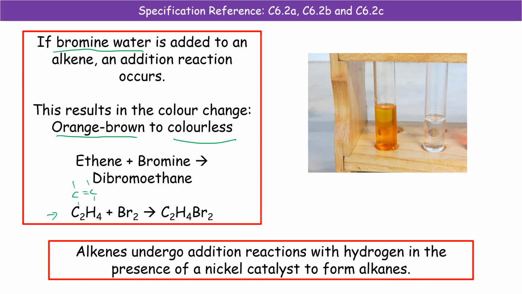Then we've got our bromine, and what we're going to form is our 2 carbons. We're still going to have our 4 hydrogens, but we're also going to have 2 bromines attached as well. And that is what we mean by an addition reaction. We've just added the bromines to the ethene in this case.